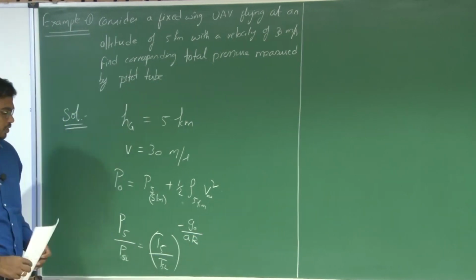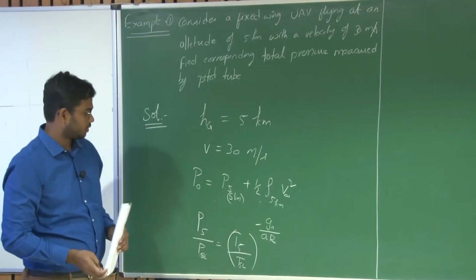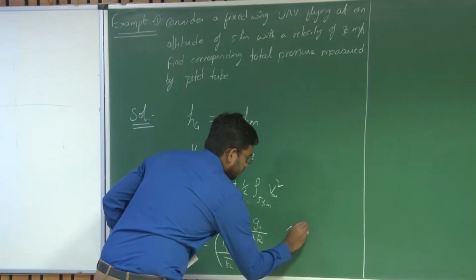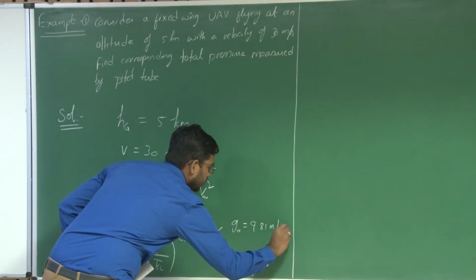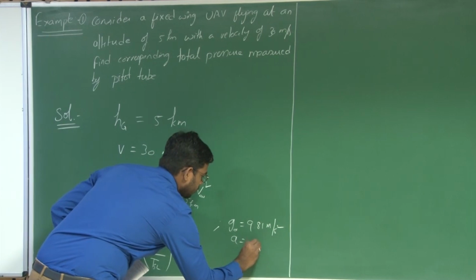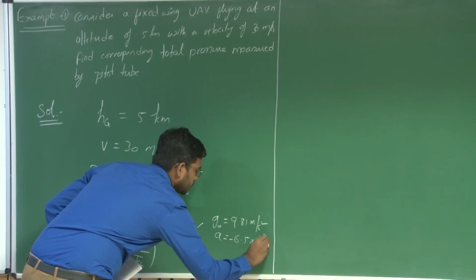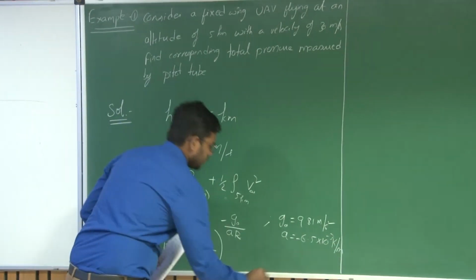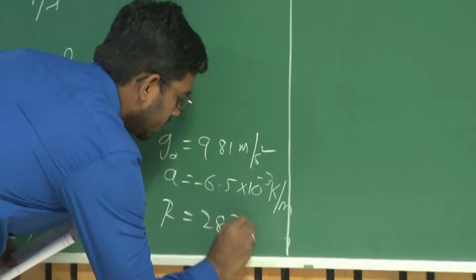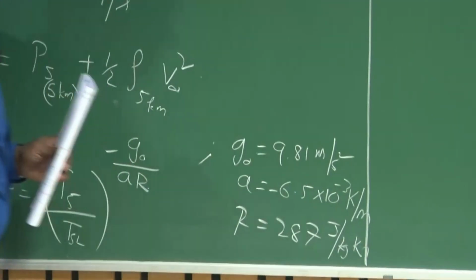This is the relationship between pressure and temperature at different altitudes, where g naught is 9.81 meter per second square, a is minus 6.5 into 10 power minus 3 Kelvin per meter, and R is 287 joule per kg Kelvin.